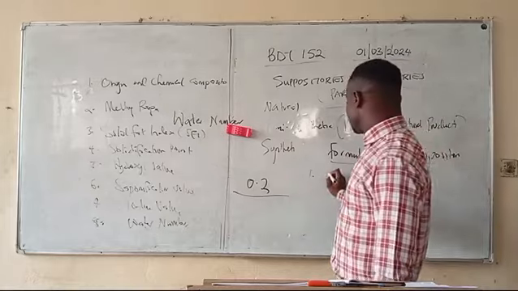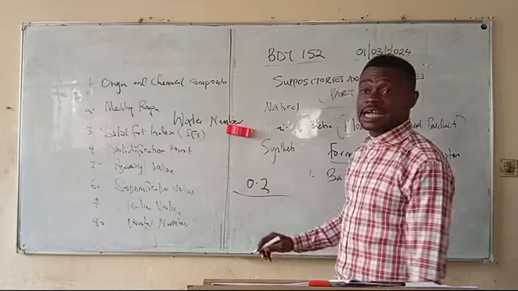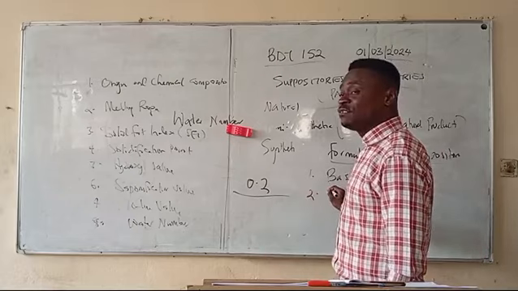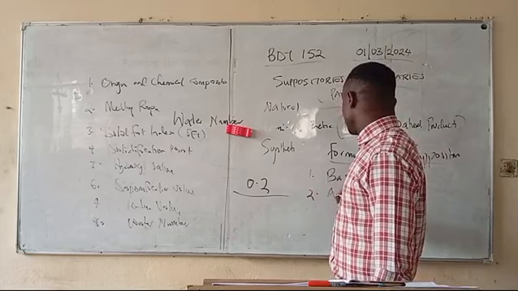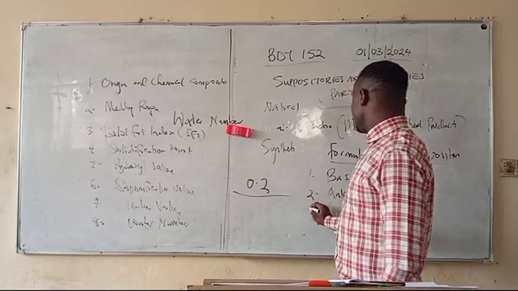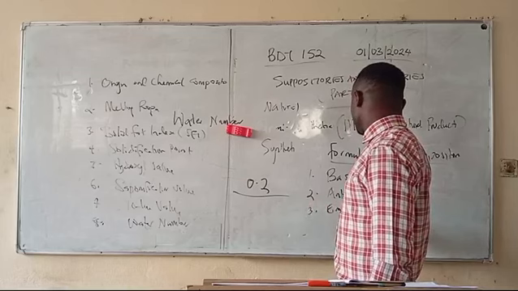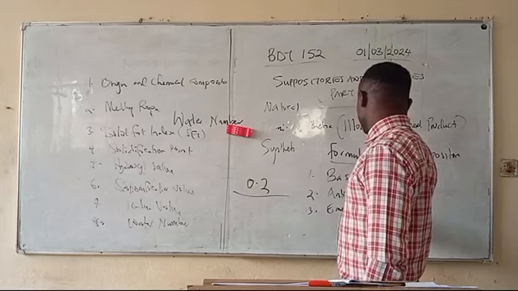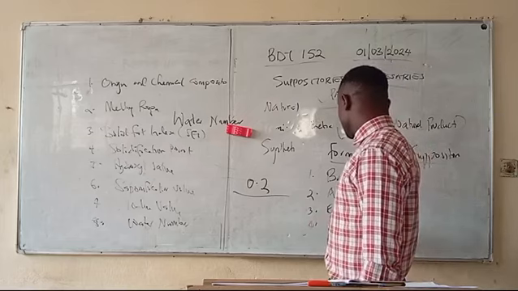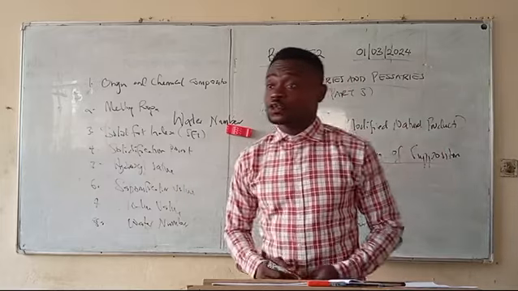We look at the base. From there, we start looking at other adjuvants. The first one is antioxidants, followed by emulsifying agents, followed by hardening agents, and so on and so forth, one after the other.